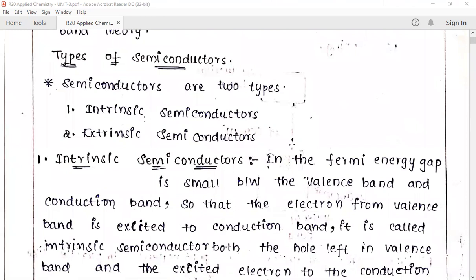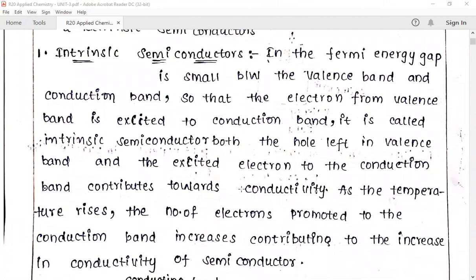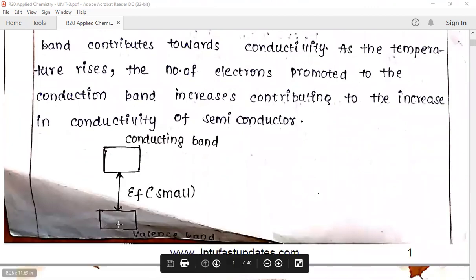Coming to the first one, the intrinsic semiconductor. See here, this is the valence band, which has low energy, and the electron present in this valence band is known as the valence electron.